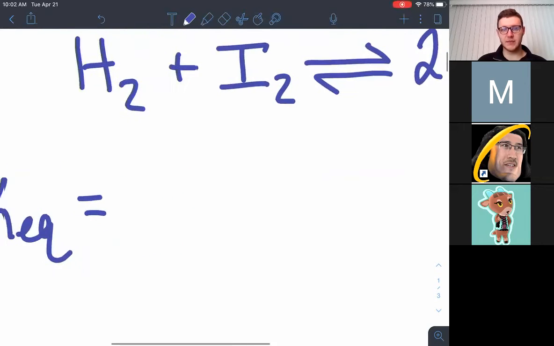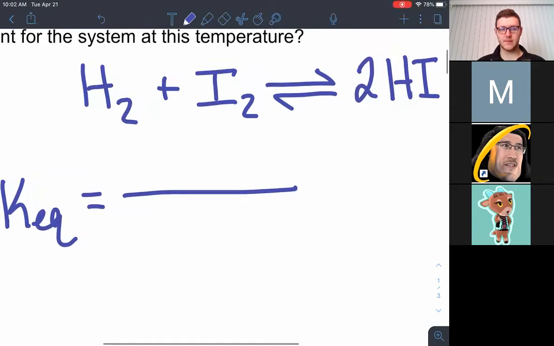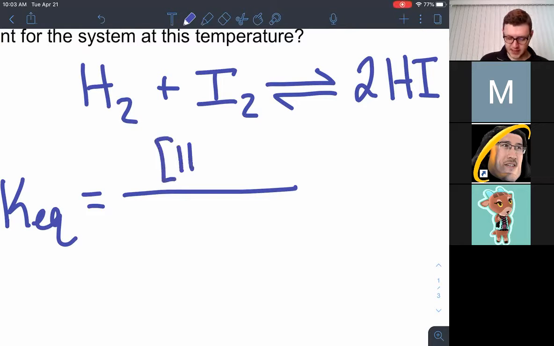You guys tell me what I need to put on the top. The product. So we have our concentration of HI goes on top. Do I have to do anything else to my concentration of HI? To square it. Perfect. We have to square it because there's a 2.